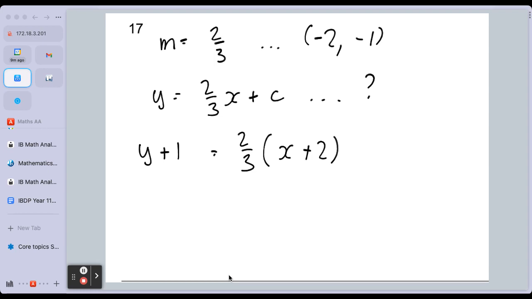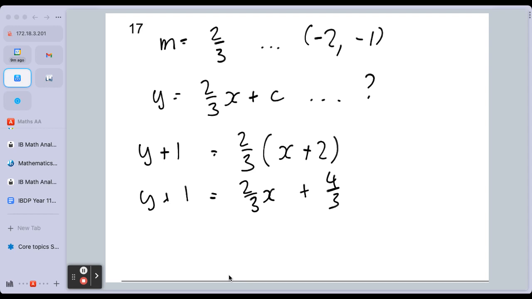Now I could expand it or I could get rid of the fraction. What shall I do? I guess I'll expand it. Is that okay?